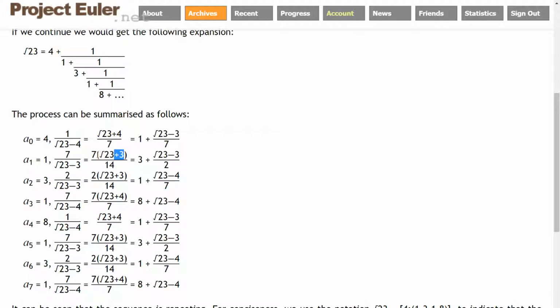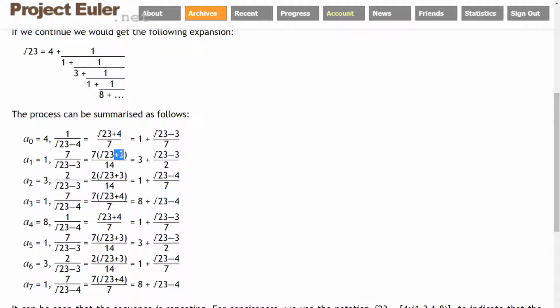So you're looking at square root of 23 plus 3 over 2, and from there he decides that he wants to, I guess, subtract 6, right?